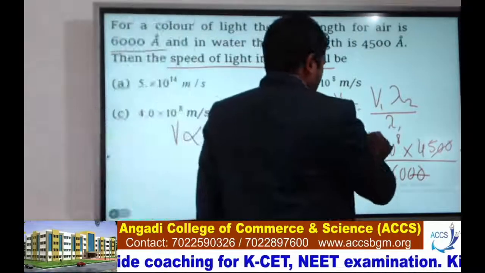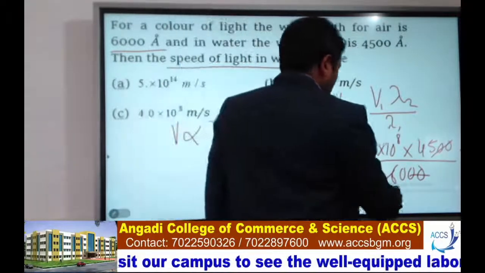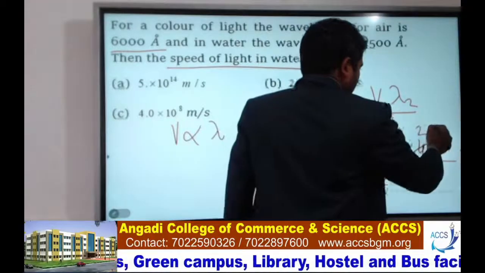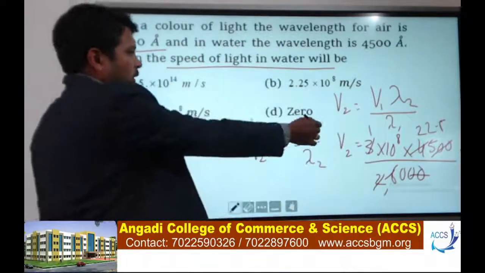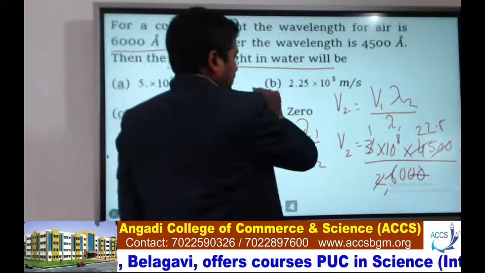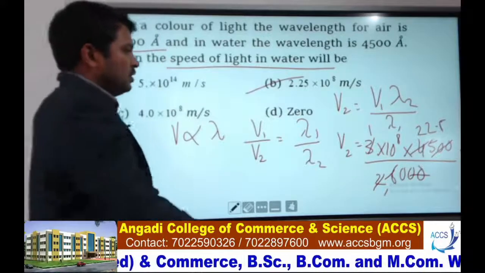Just simplify. 3 ones are 3, 3 2s are 6, right? Now 2 ones are 2, 2 2s are 4, again 2.5, that is 2.5 into 10 raised to 8.